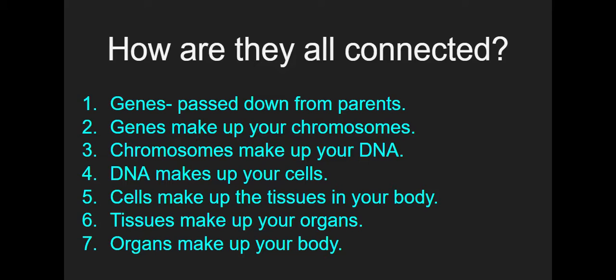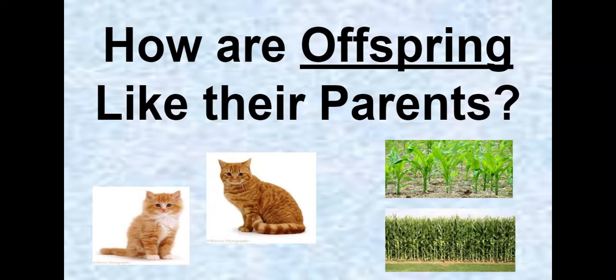It all starts with genes that are handed down from our parents. All right, so we've learned all about DNA, how we get it, where it comes from, where it's found in our body, all that juicy good stuff.